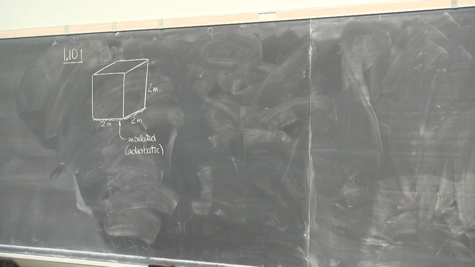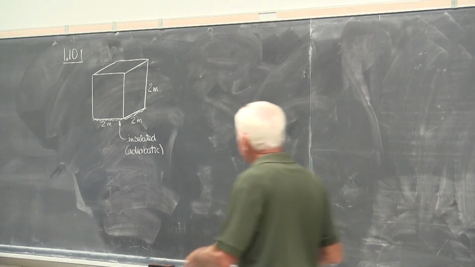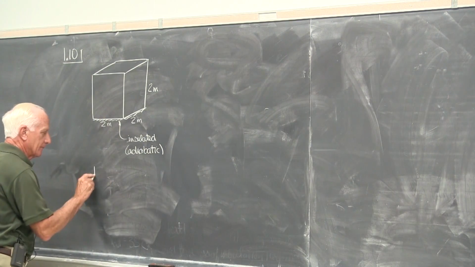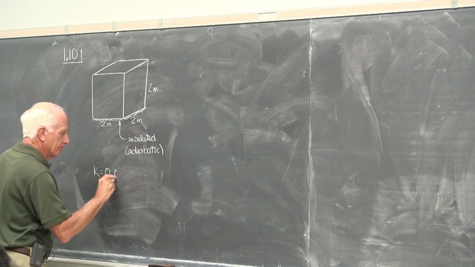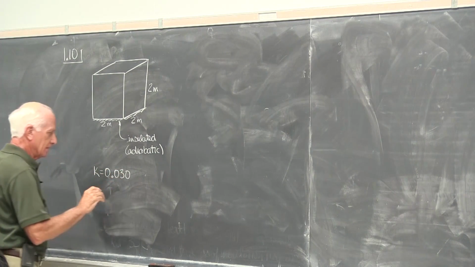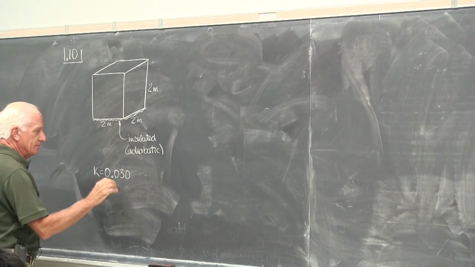We're going to apply styrofoam insulation, k = 0.030, on the outside of that freezer to insulate it. That's insulation.